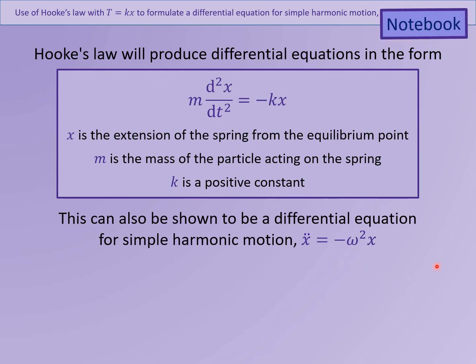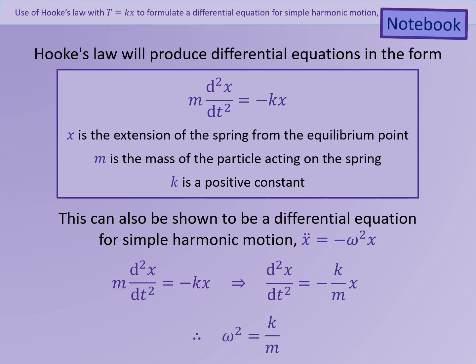It can be shown that this is just our simple harmonic motion. With that rearranging, omega squared is exactly the same as this positive constant, the spring constant, divided by the mass. So just make sure you've got all those bits down in your notebook.